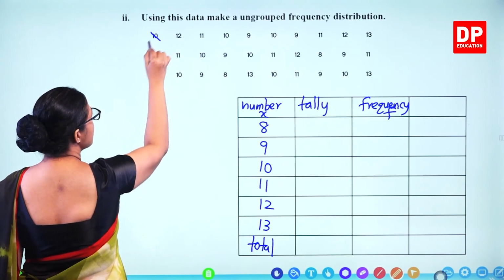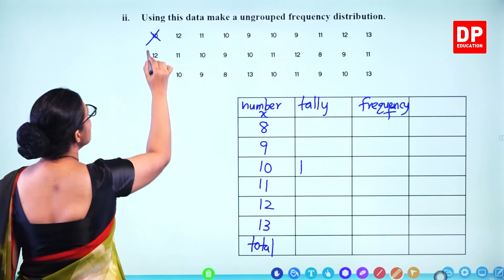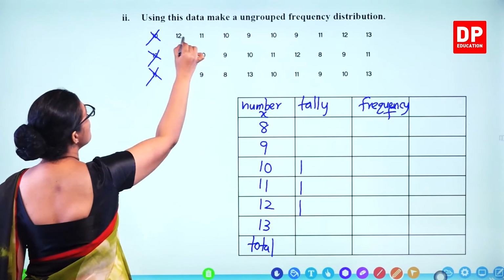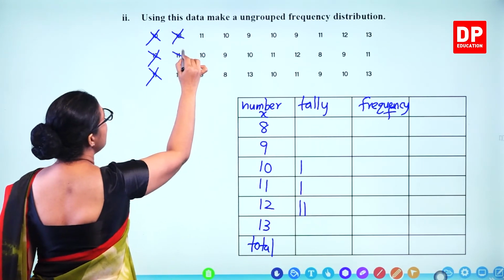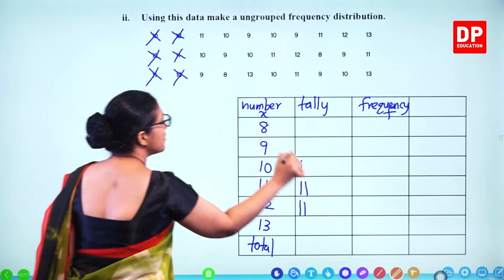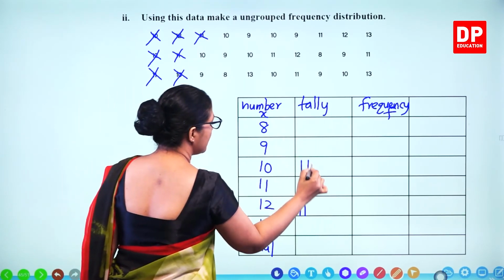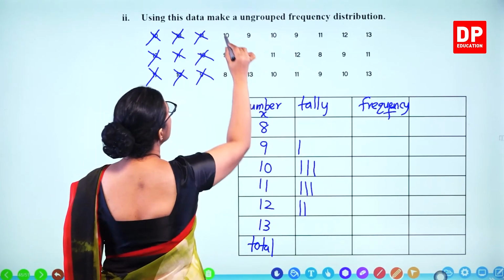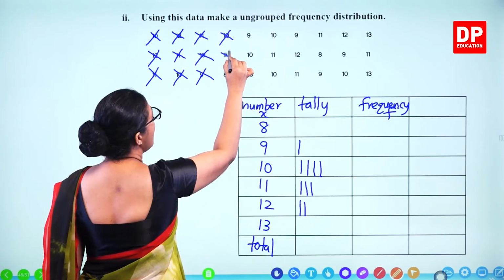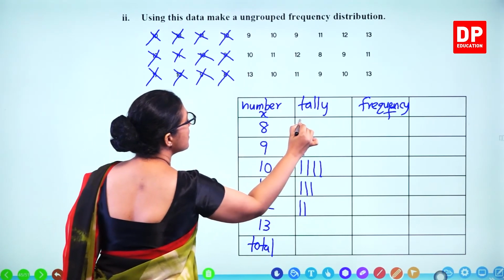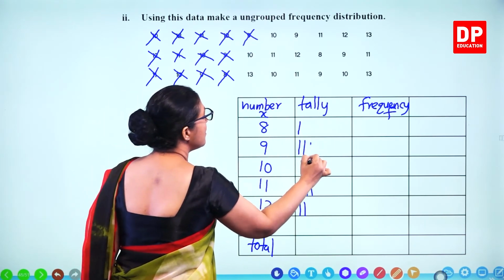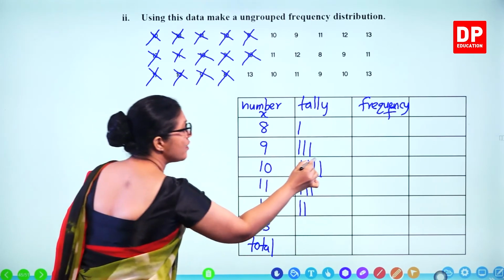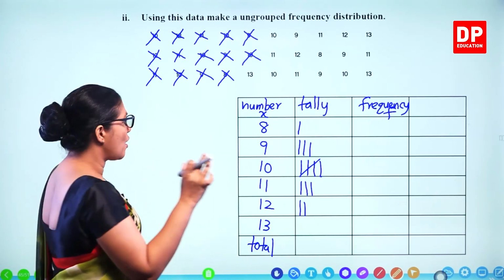So 10, cross out and put the tally mark. 12, 11, 12, 11, 10, 11, 10, 9, 10, 9, 8, 9, 10, here 1 there, so you can cross it out. Each 5 you can cross it out.